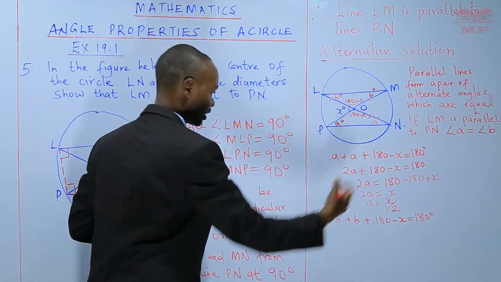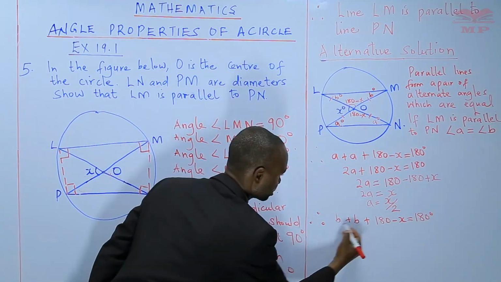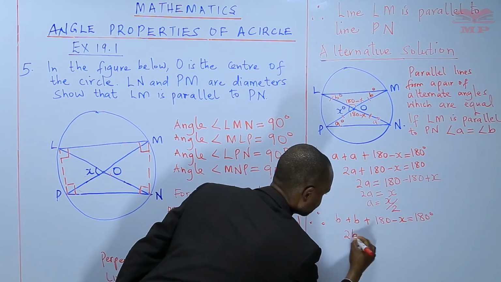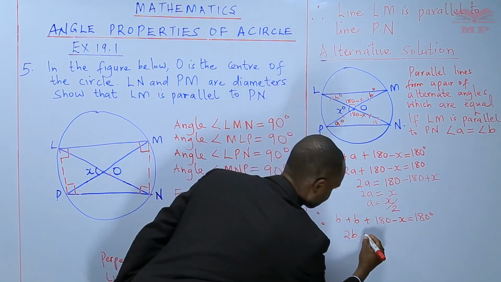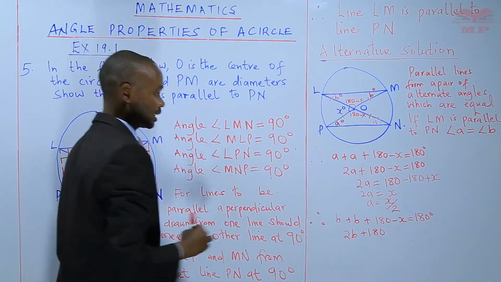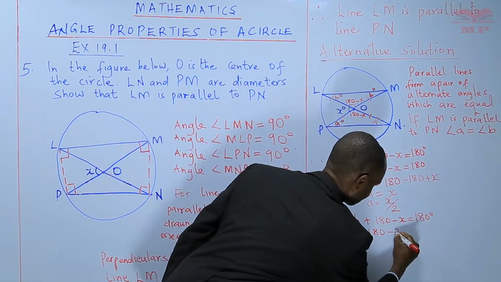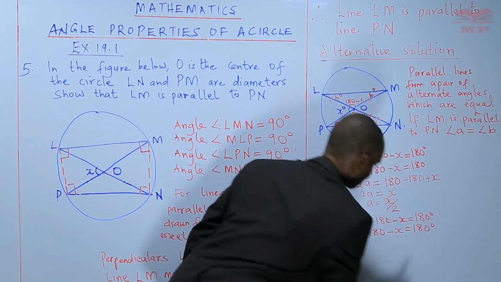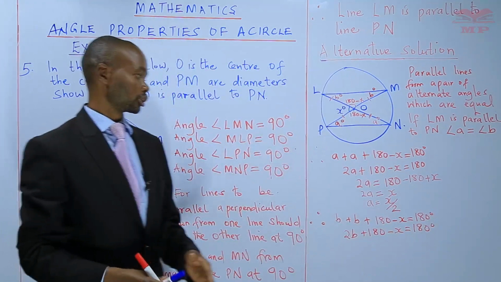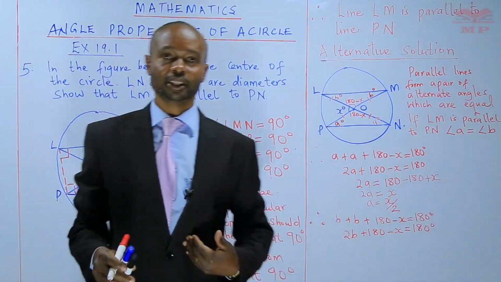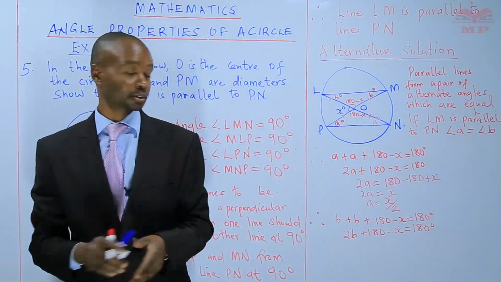So let's move ahead with the equation. B plus B, 2B, plus 180 minus x should give us 180 degrees. I'm interested in B, so B will remain on the left-hand side of the equation.